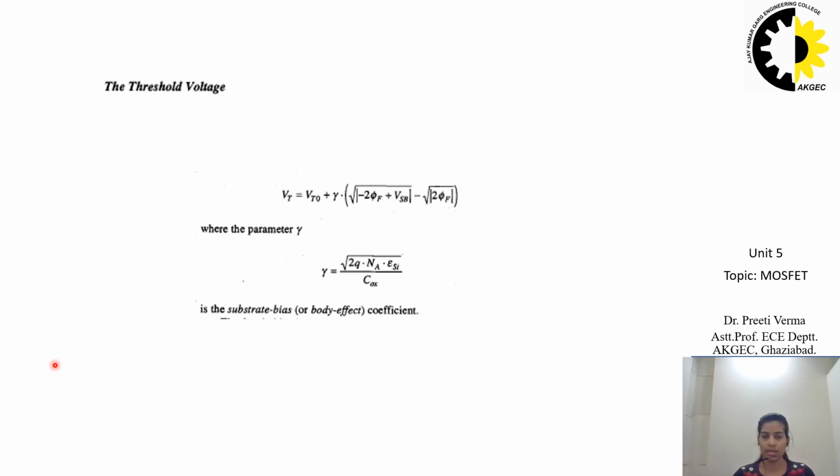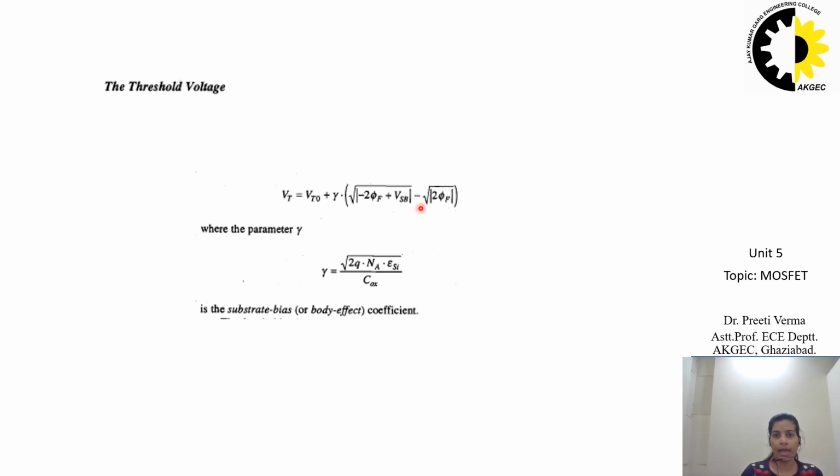But when the threshold voltage starts varying with the substrate bias voltage, we call it the body effect, or when the source and body are not tied together. The source is at some potential and the body is at some other potential, then what will happen?